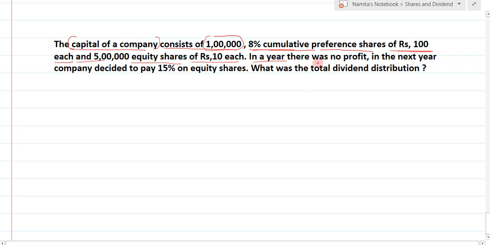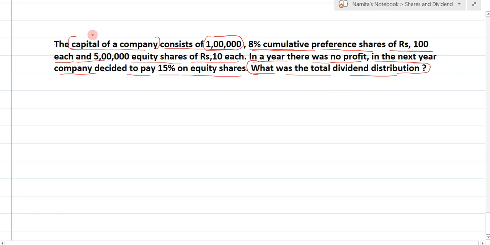In a year, there was no profit. In the next year, the company decided to pay 15% on equity share. So, what was the total dividend distribution? What we have to find? We have to find the total dividend the company paid.